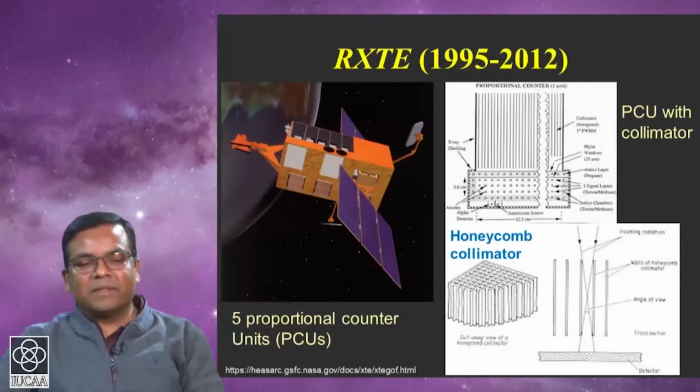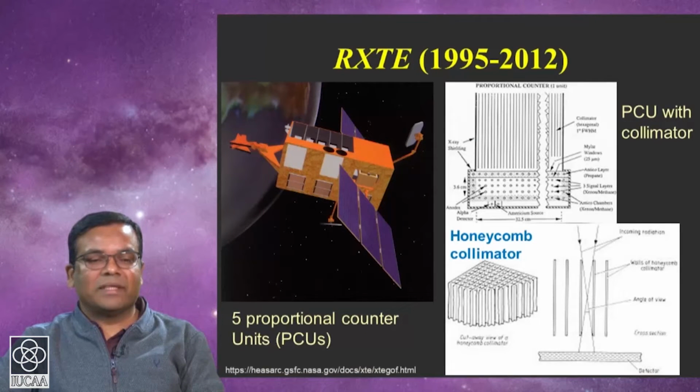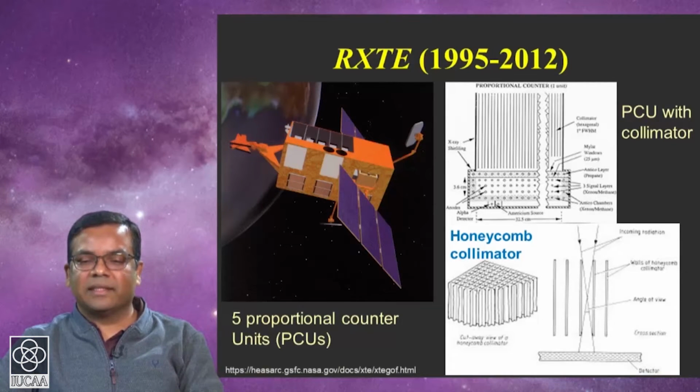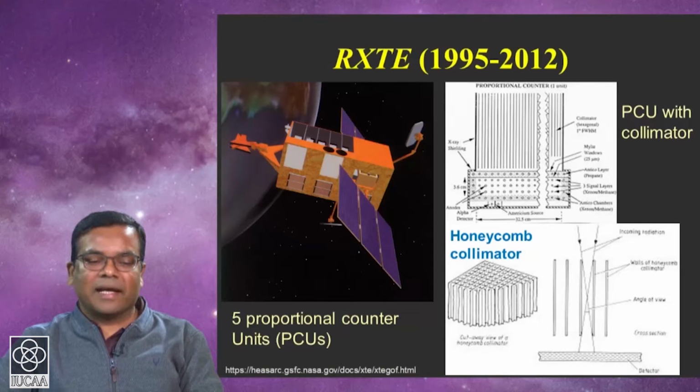One of the satellite missions which has proportional counters is the Rossi X-ray Timing Explorer, which was launched by NASA. It operated from 1995 to 2012 and produced many excellent results in X-ray astronomy. It contained 5 proportional counter units, called PCUs. These proportional counter units had collimators, so that the field of view could be limited.